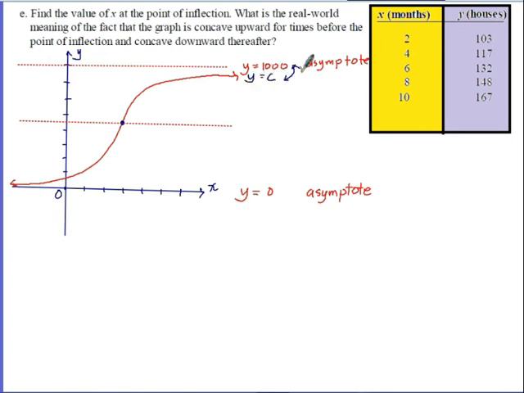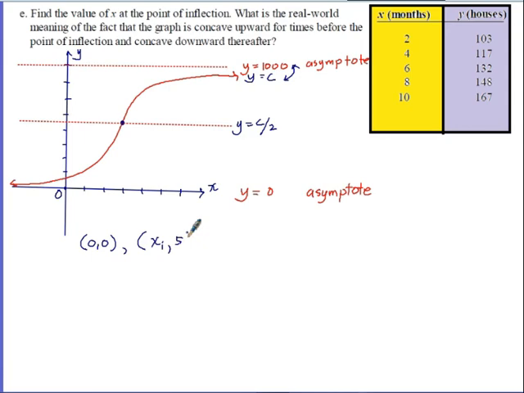So this is my y equals C over 2, and this is my point of inflection. So just by getting the midpoint, we have the first point as 0, 0, that's when y is equal to 0. And the other point is x unknown, let's say xi, and 500.